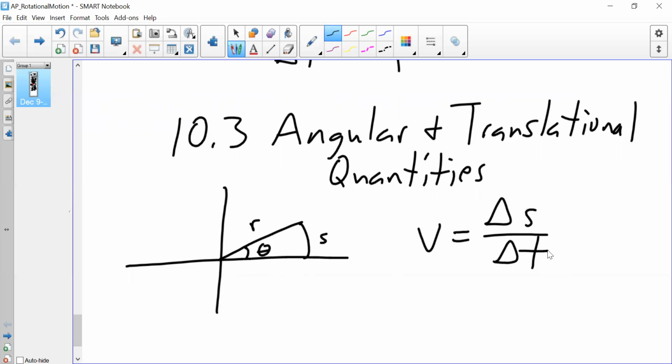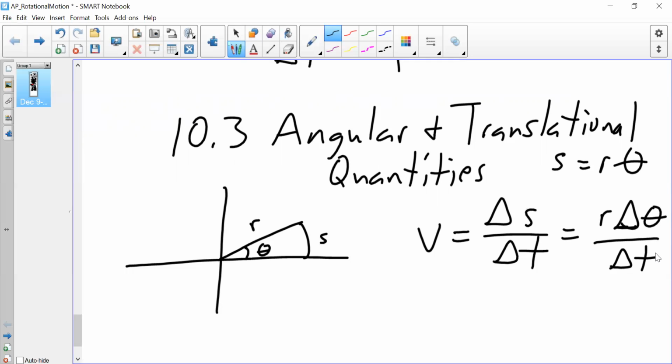We know that s is equal to r theta. Therefore, delta s would be r delta theta over delta t. We already know that delta theta over delta t is omega, so therefore linear velocity is equal to radius times angular velocity. That's the marriage between linear quantities and angular quantities. The angular quantities are in the center of the circle.